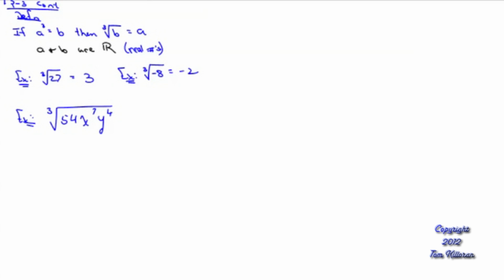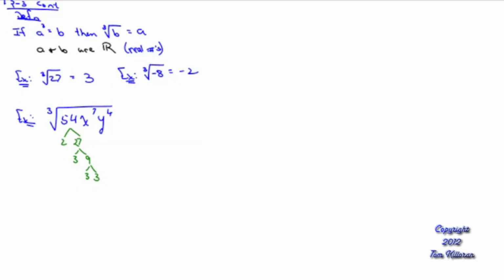Now just like with square roots, you're going to break it down using that factor tree, breaking it into prime factors. So what's the smallest number that goes into 54? 2. So it's going to be 2 and 27. Smallest number that goes into 27? 3 and 9. And of course 9 breaks into 3. Now with square roots, you were looking for pairs. With cube roots, you're looking for triplets. I call them triplets, but yeah, 3 of them.